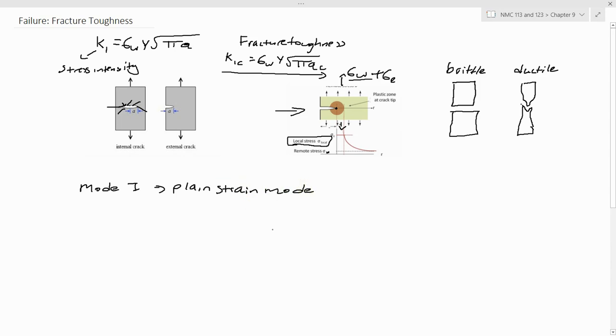Now this is the orientation of the forces being applied on the specific material. There are other modes. There's K2C and then there's K3C, but for this case we're only focusing on K1. So you would have the force being applied upwards and downwards here. This is mode 1.